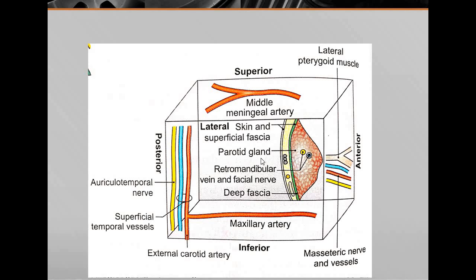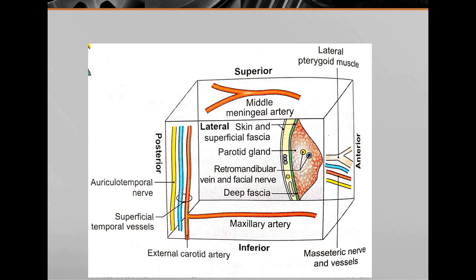Next we will see the lateral relations. You have the skin, the parotid gland, and the temporal branches of the facial nerve. In the coming diagrams, I will tell about the medial relations. The parotid gland separates the joint from the external acoustic meatus.